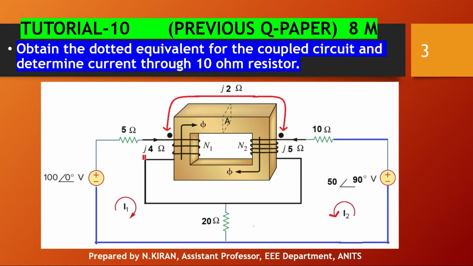Self-inductance of the primary coil of the transformer is given as J4 ohms, and self-inductance of the secondary coil of the transformer is given as J5 ohms. The current directions of I1 and I2 in both the coils are indicated. The mutual inductance between these two coils is given as J2 ohms.